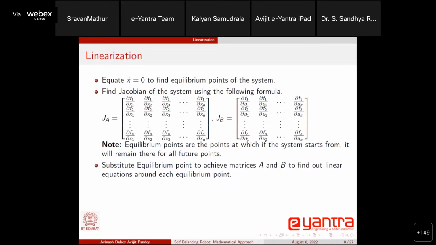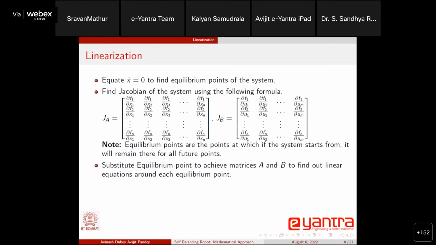To find that linear region, you need to plug your equilibrium point into this Jacobian, and accordingly you will get different A and B matrices depending on your different equilibrium points. So for each equilibrium point, you will get different A and B matrices. Now, the next point is how you determine whether a particular equilibrium point is a stable or an unstable equilibrium point.